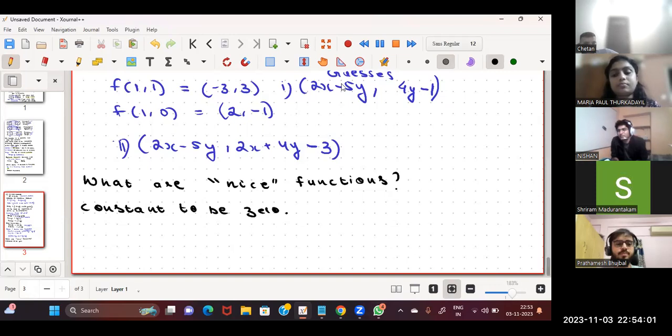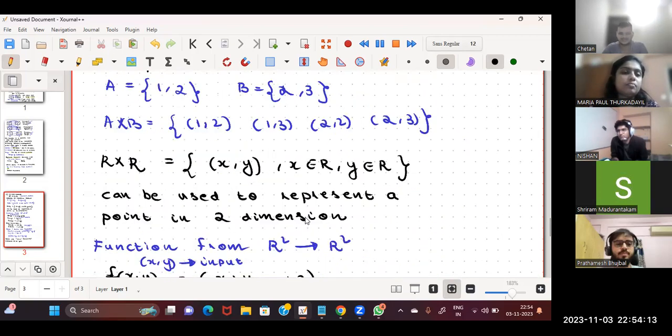Those are some nice functions. We'll talk about why we call them nice functions once we discuss a couple more examples. It will be self-evident why we are calling them nice functions.